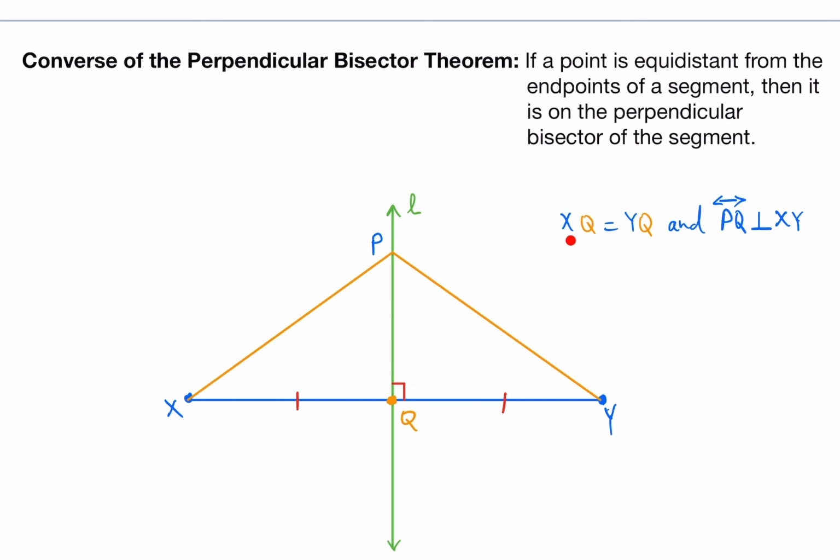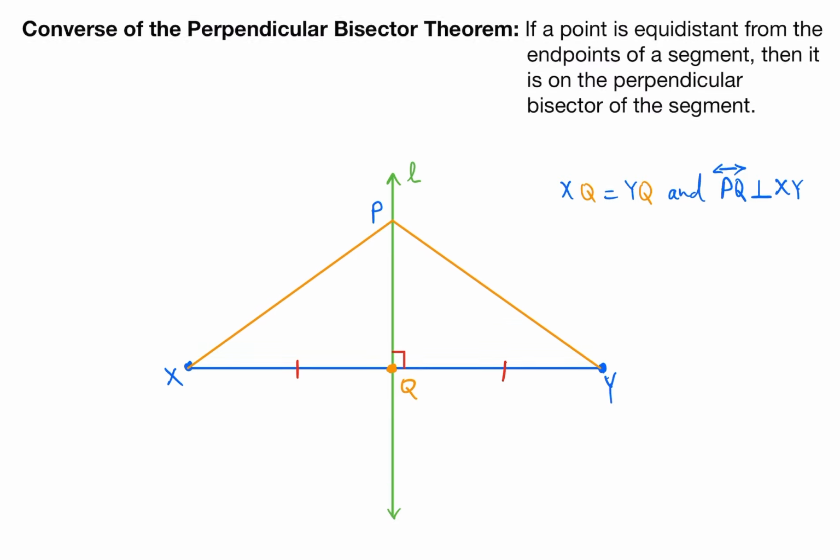So XQ is equal to YQ, and line PQ, which is this green line, is perpendicular to the segment XY. Given both of those bisector theorems, let's go ahead and apply them to the next couple of examples.